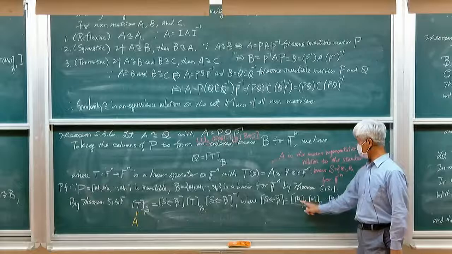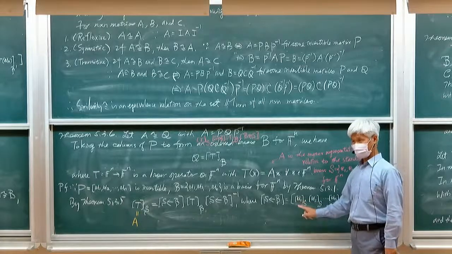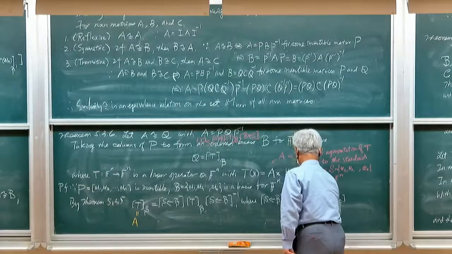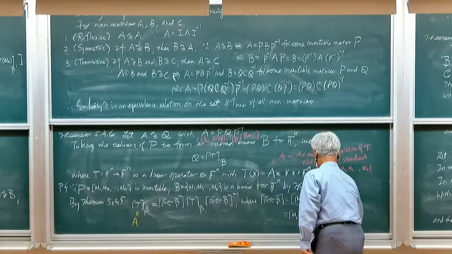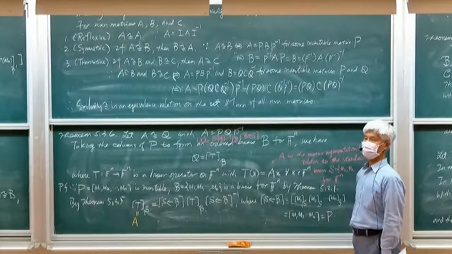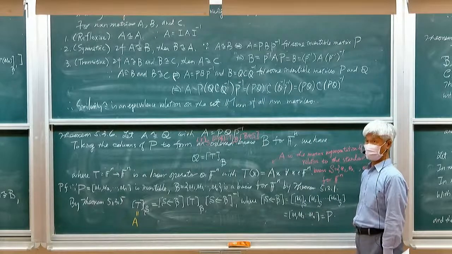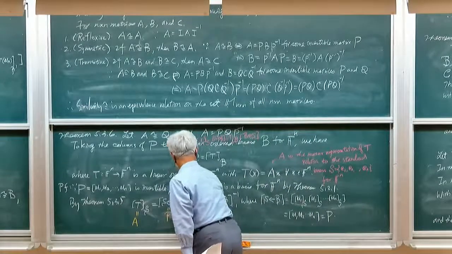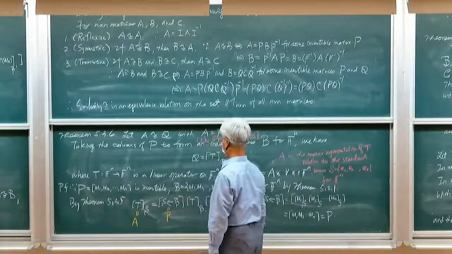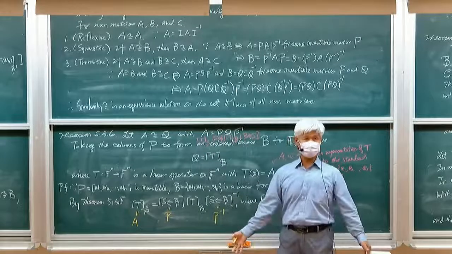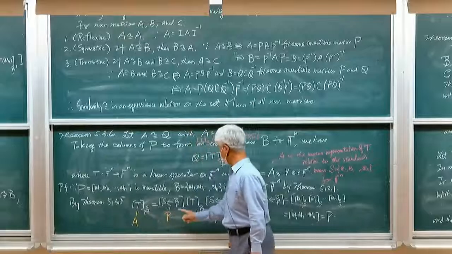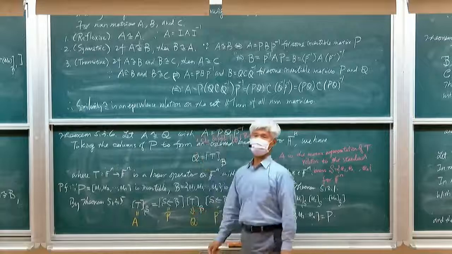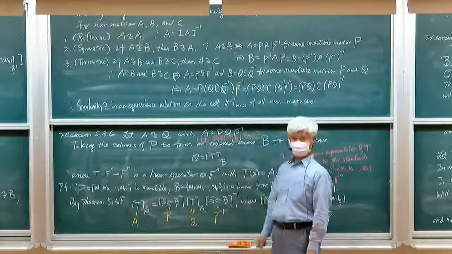But a vector relative to the standard basis is itself already, so this is u1, u2 up to un, and this is just P. And of course, this is P inverse. Once you have A here and P inverse here, then this one must be Q, because we have this identity.